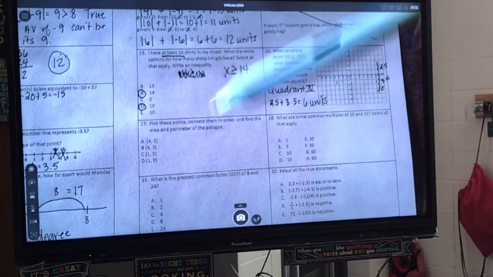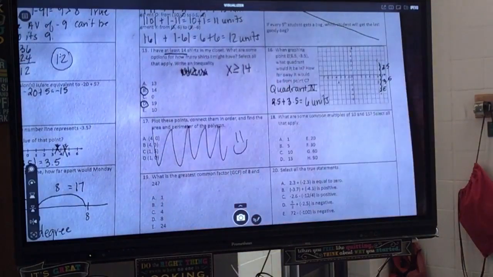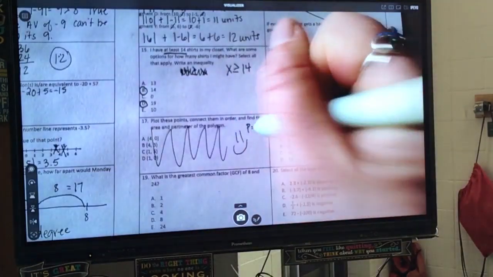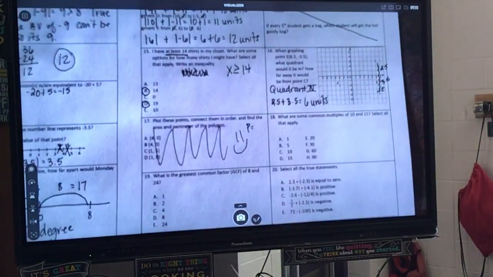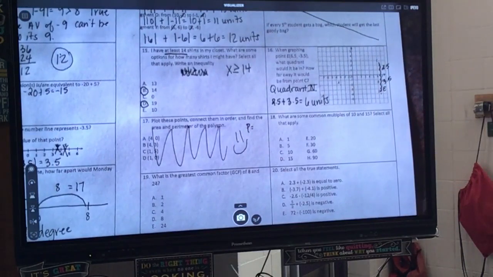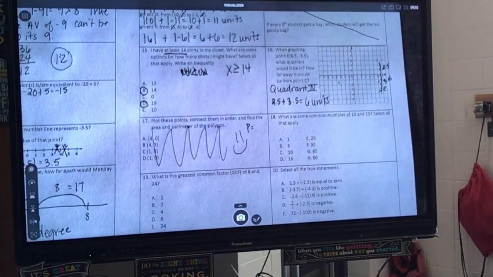Now, this one, if you attempted, smiley face. If you didn't, because it's kind of hard. Did anybody figure out what the perimeter was? Troy? Delilah? I just used the coordinate thing that was right there, so I don't know. I kind of got 16. I got 12.